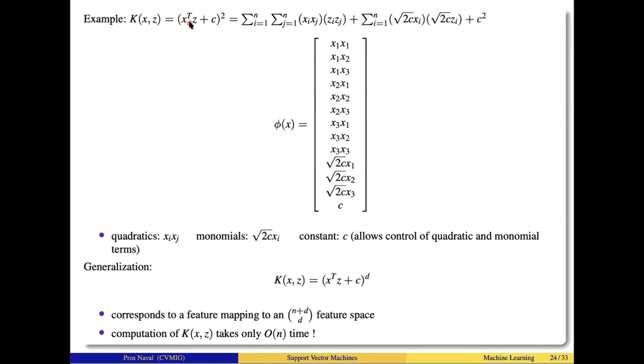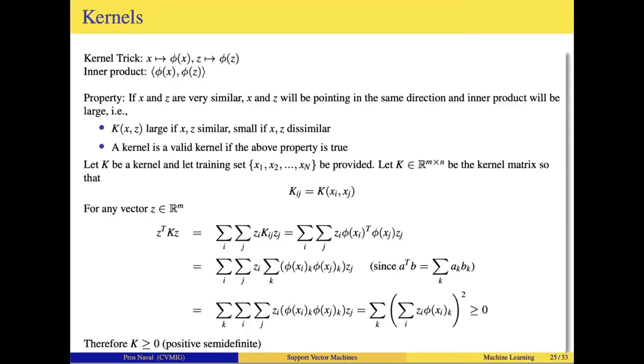Well, if this is n dimensions and this is n dimensions, the product computation takes O(n) time, including the c. And you square it, there's another operation, it's still O(n) time, right? Although you are operating in that very high dimensional space. Okay, so that's the kernel trick.